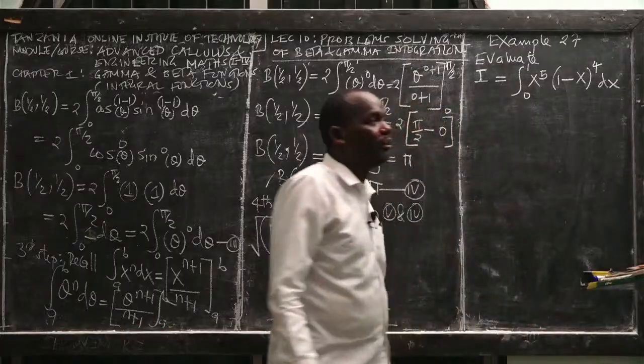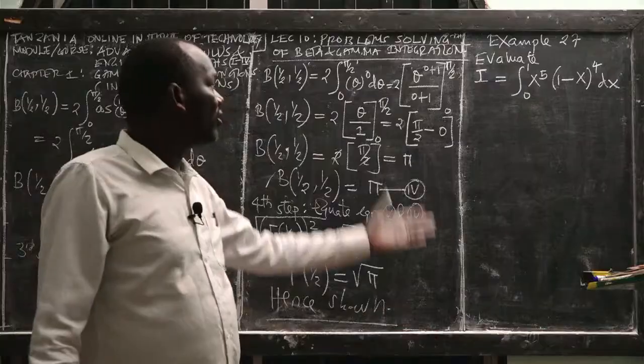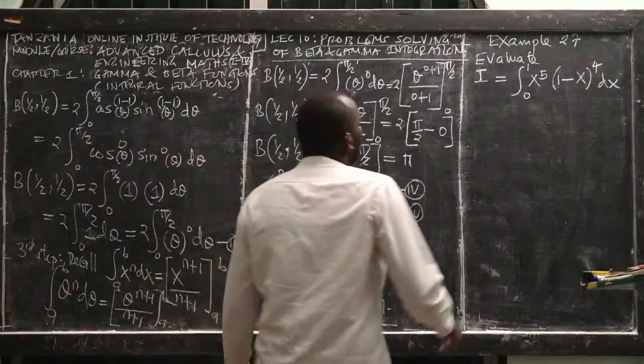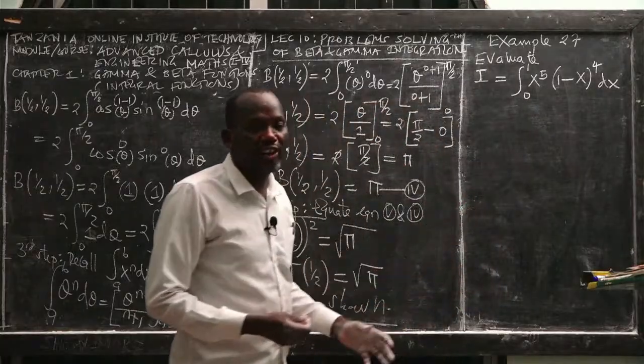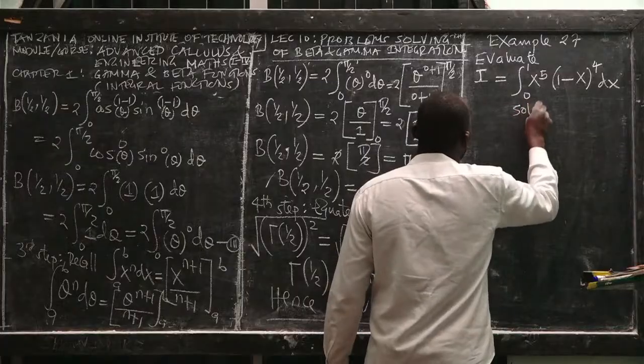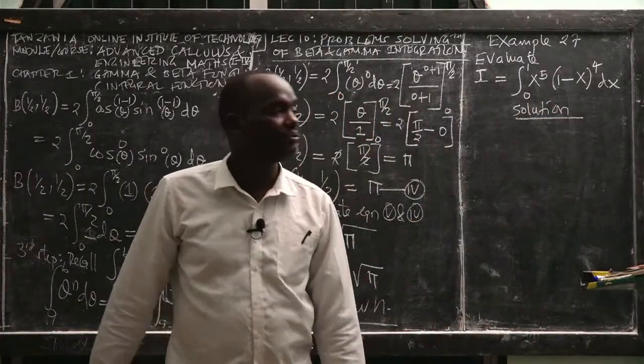Tayari sasa tumeshapata beta integral function. Kwa hiyo tafuta thamani ya I. You can pause the video and try on your rough paper or your rough exercise book, but thank you for trying, and now let us do correction.